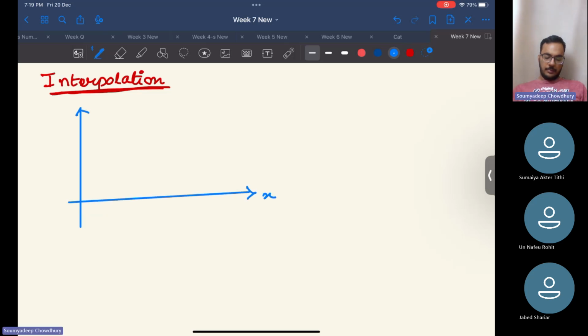Suppose you have x here and y here. First we try to understand the basic difference between regression and interpolation. Suppose you have a data set like this.